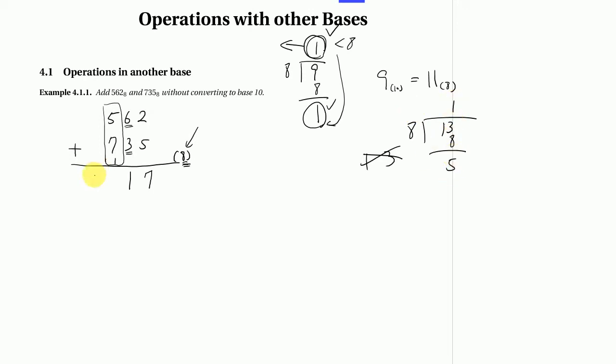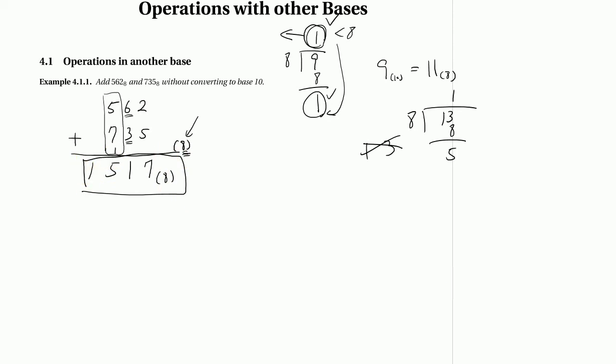So it should be 1 and 5. Okay, so don't forget to put 8, and that should be the sum of those two. So when you write it down, it should be 562 with base 8 plus 735 with base 8, or if you want to make sure, like that, the result is 1517 with base 8.